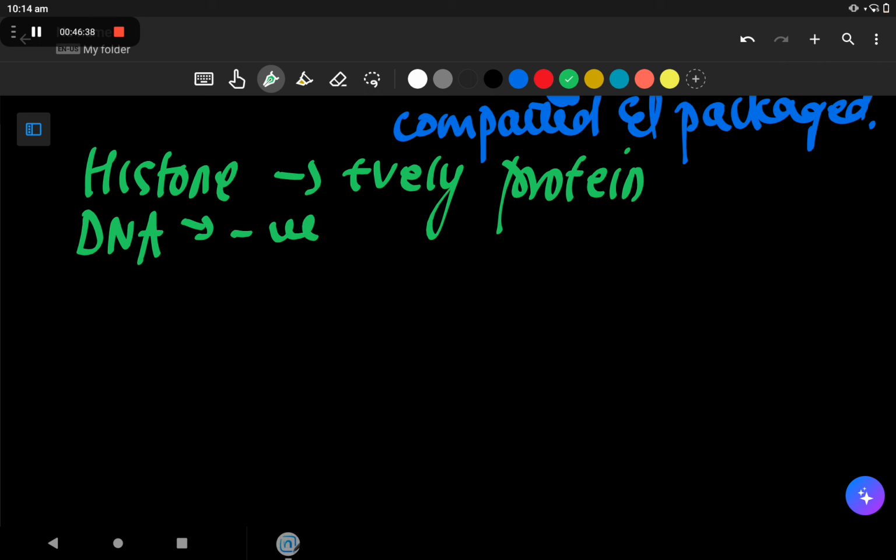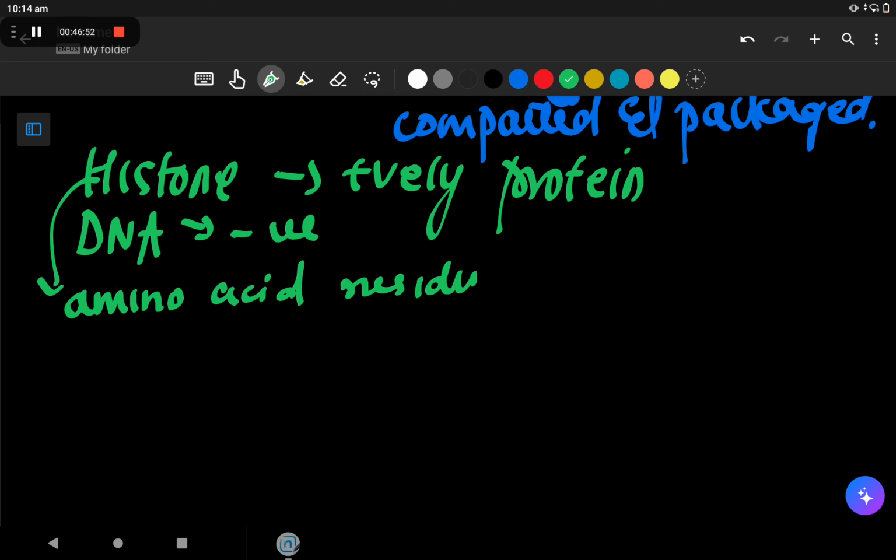Now, the DNA molecule is coiled around the histone octamer forming the nucleosome core. What is a histone octamer? Histones contain amino acid residues called arginine and lysine. They are also positively charged.